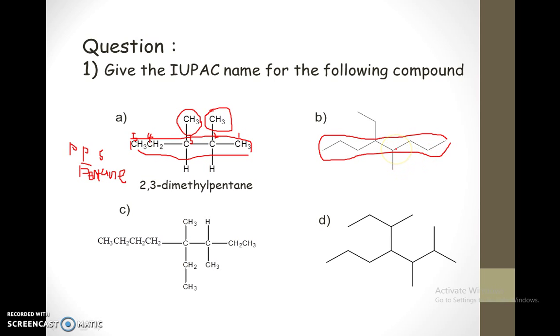Before that you have to find the substituent. So this is the substituent. Classify the substituent. If you notice, this is methyl and this is ethyl. Right, so you can start counting here 1 2 3 4, or you can count 1 2 3 4.